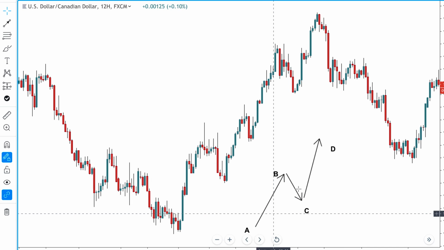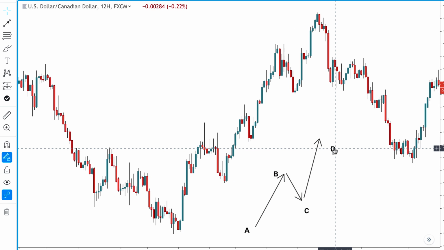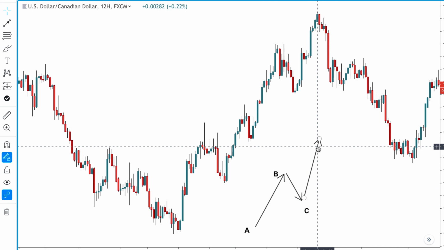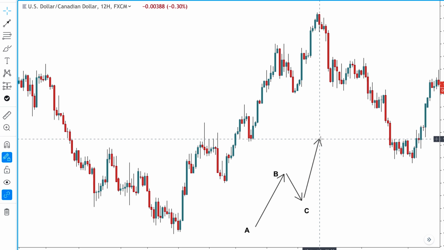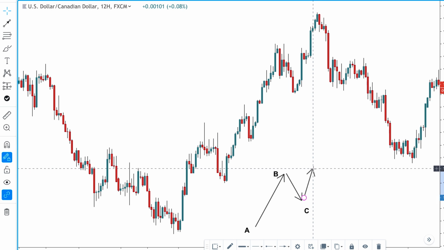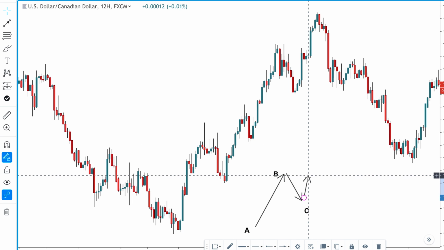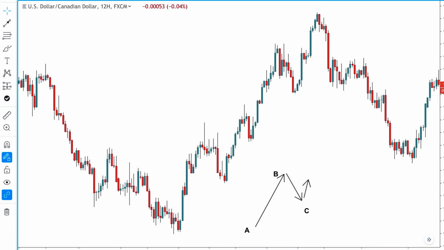And what we are looking for, when we want to draw our Fibonacci tool and use our Fibonacci extension, is an ABC move where the C move has formed and the D move is just getting started. So usually it will look something like this, and then we will draw our Fibonacci tool from point A to point B, and we're looking for a confirmed point C. Where's the market turning around?